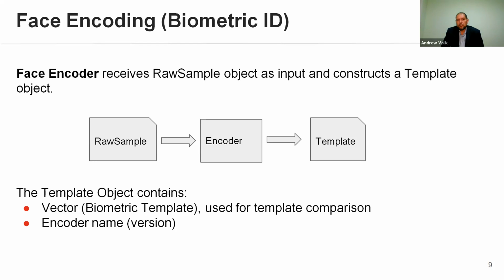This operation takes a lot of resources, and for example, the highest quality encoder takes around 1/2 of a second for encoding one face.